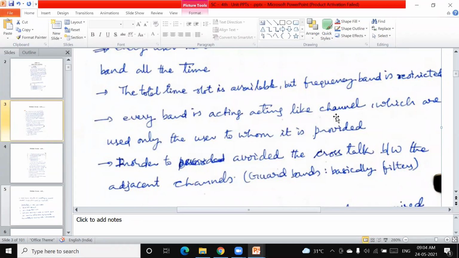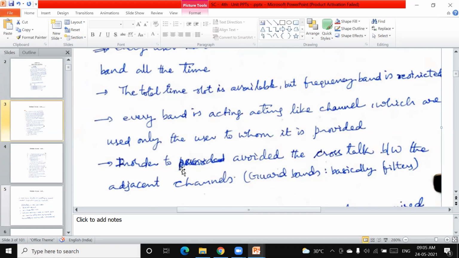That means frequency band 1 is allocated to user 1 and frequency band 2 is allocated to user 2, etc. Only that particular user can use that particular frequency band, not all. Is it right? The second user can use only frequency band 2.